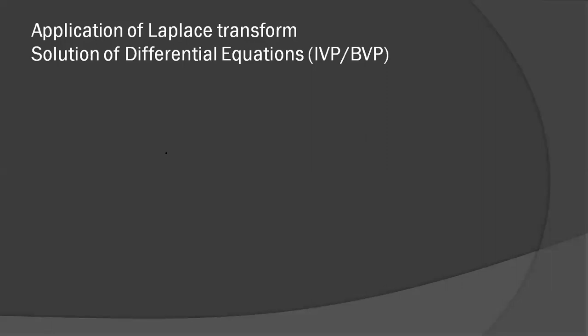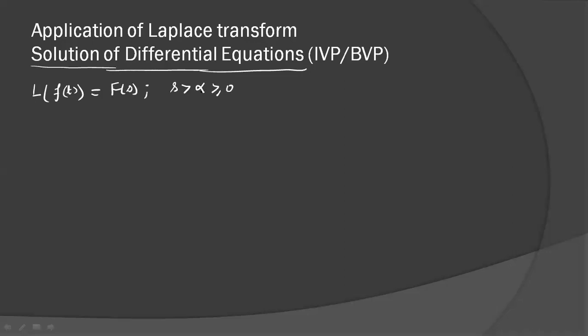So let's start. Firstly, I am going to study the solution of differential equations, and here I will discuss some notations. I told you Laplace of f(t) I represented as F(s), s greater than or equal to alpha, and alpha is greater than or equal to 0.